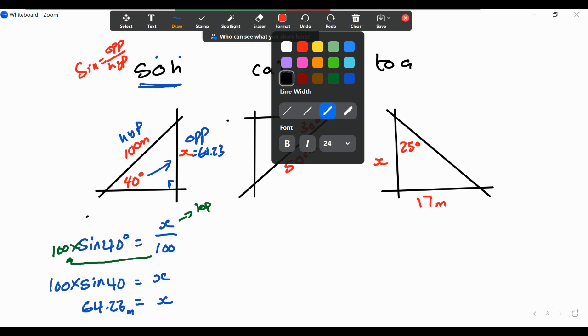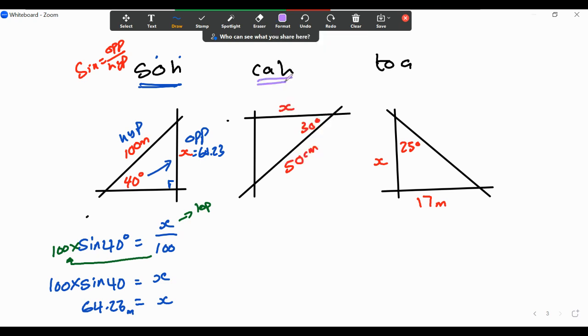Now, next, for the next one, well, I don't know if it's going to be cos. Is it? Maybe. All right. Let's label it. If I'm standing over here at 30 degrees, then this side is my opposite. Right next to it will be my adjacent.